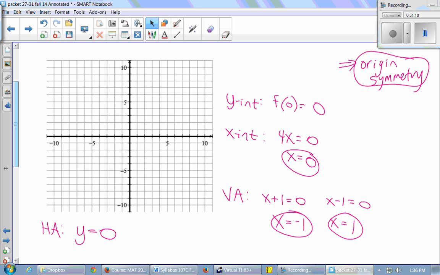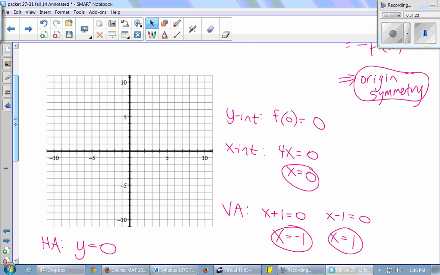All right, I think that's everything. I'm going to start graphing it, and then I'll plot points as needed. Okay, so I've got a y-intercept at 0, x-intercept also at 0. Vertical asymptotes at 1 and at -1, and a horizontal asymptote at 0.